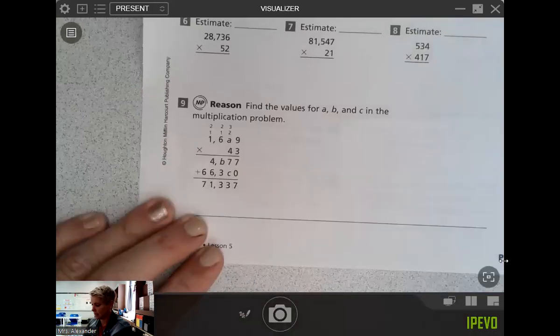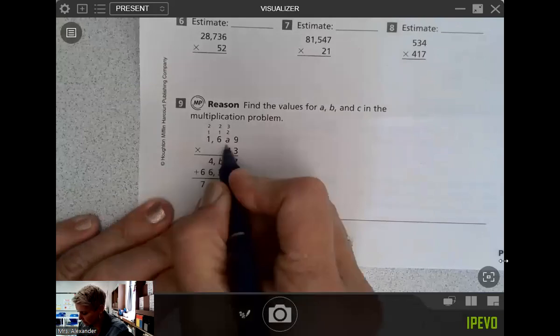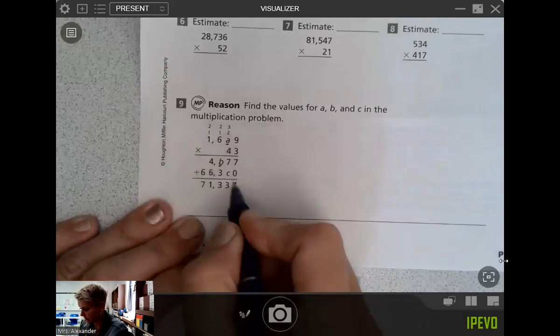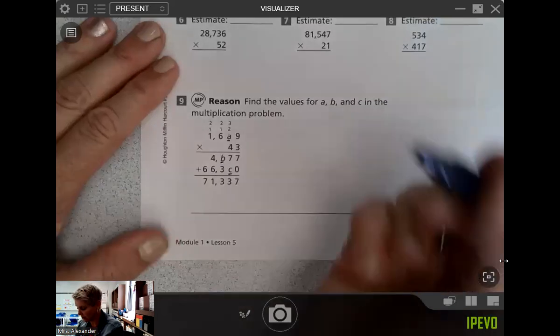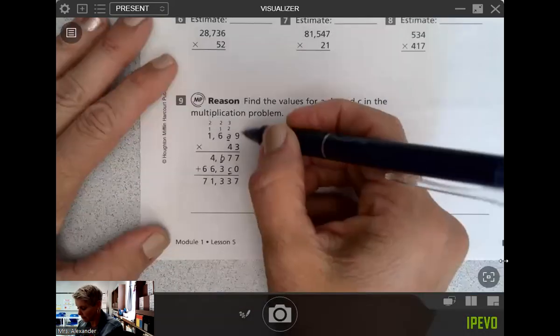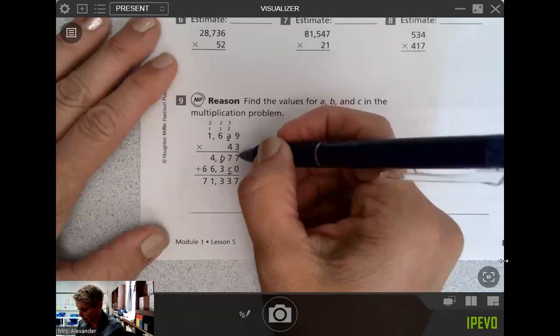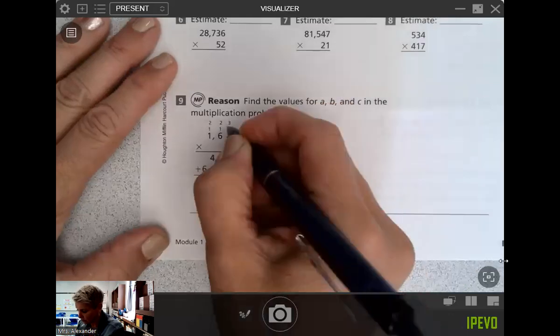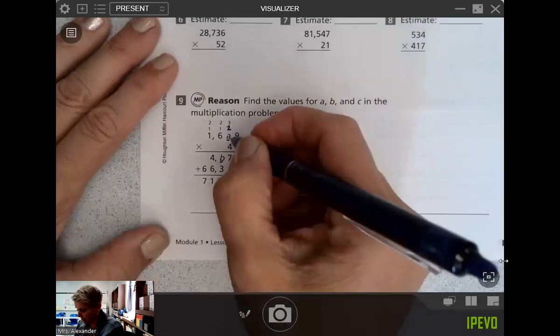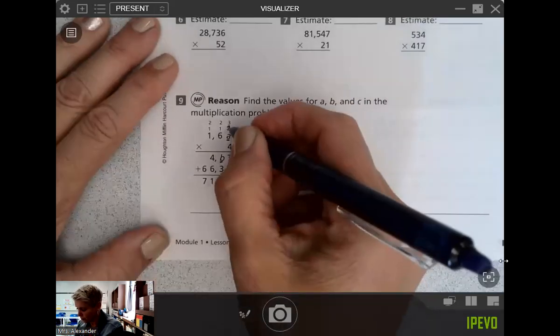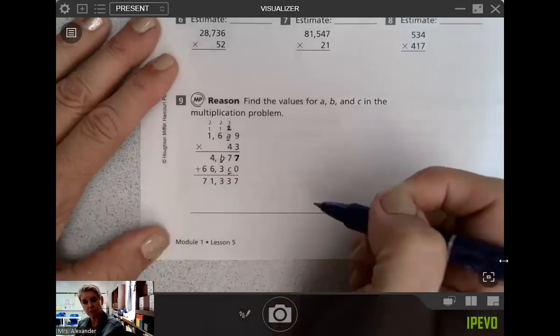Let's see. Okay, I found A is here, B is here, C is here. If I follow the steps of multiplication, I'm going to start in the ones place. 3 times 9 is 27. Here's the 7, and the 2 has been regrouped. 3 times something plus 2 equals 17.